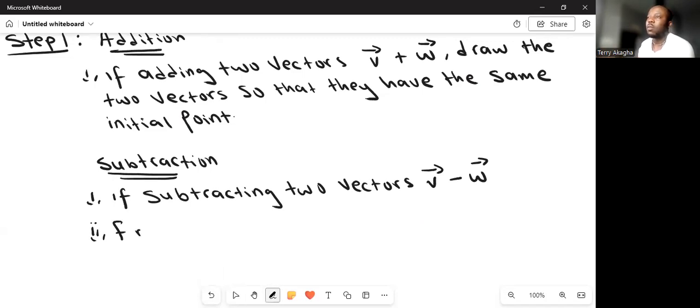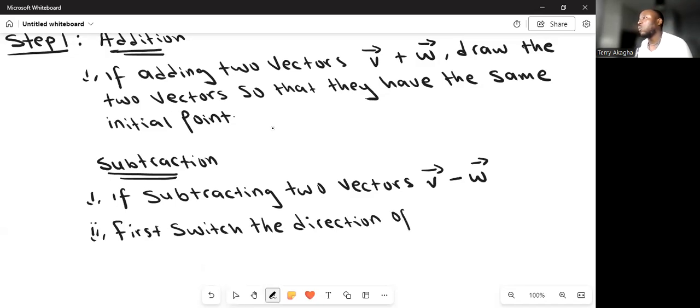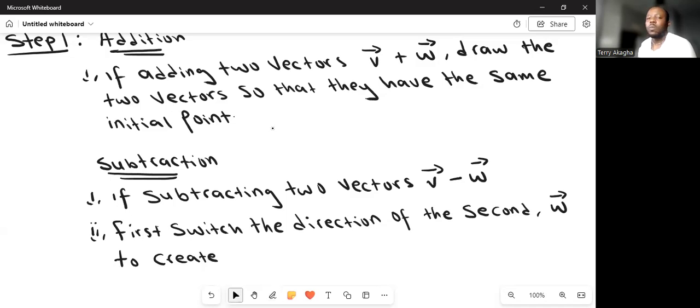So you have to first switch the direction of the second, so that means the w, so that you can create the negative w, okay? So I've explained that concept already.